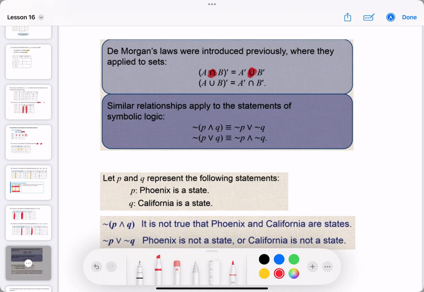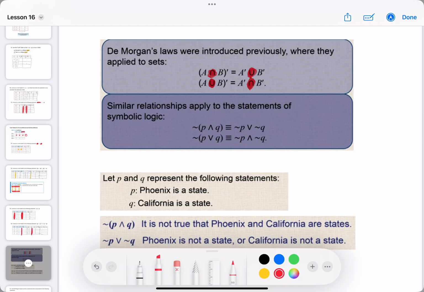Okay, if I have A or B and do the negation, we distribute the negation to A and to B, and the disjunction becomes conjunction. All right, a similar relationship applies to statements of symbolic logic.